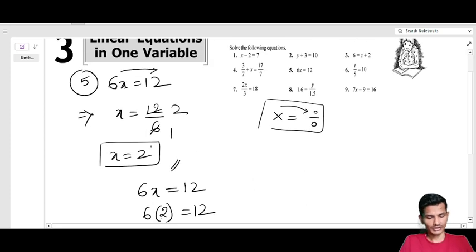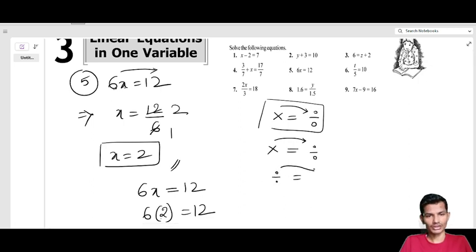Let me explain these things again also. If I am taking multiplication to the other side of the equation, then it will become division. If I am taking division to the other side of the equals sign, then it will become multiplication. For example, if I have 2 by 3 x equals 1, here 3 is a denominator, that is division.